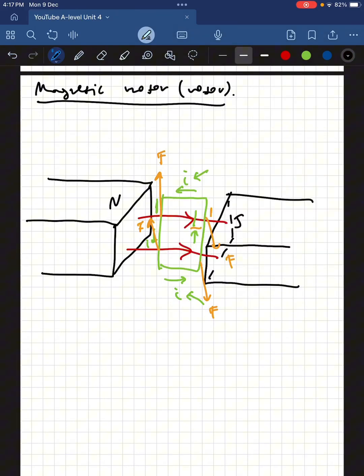So if we put a square wire in the space between two magnets that set up a uniform magnetic field, that wire is gonna spin, okay? We have a pair of forces, and this is because the current points in opposite directions on the opposite sides of this rectangle, and therefore we have a pair of forces which creates a torque which makes the rotor spin.